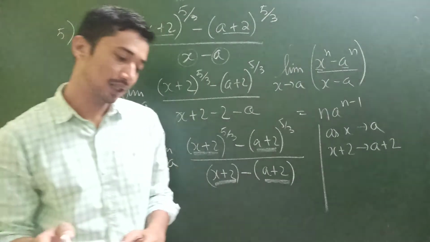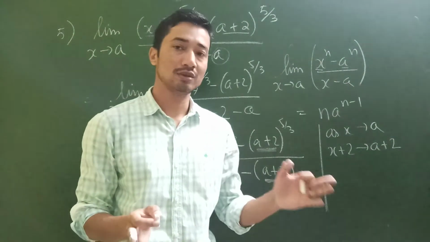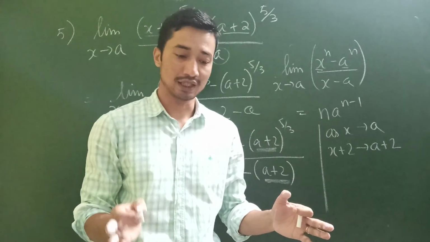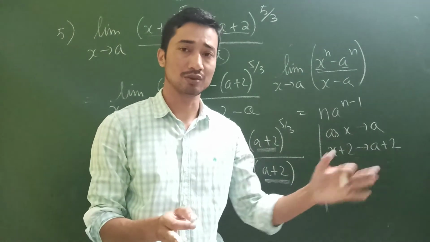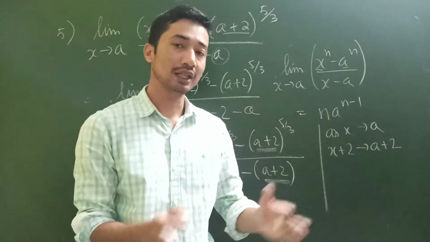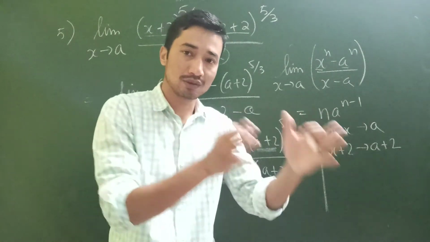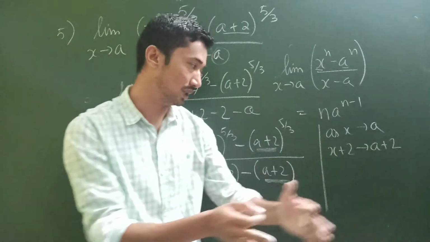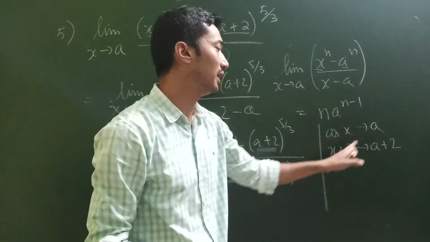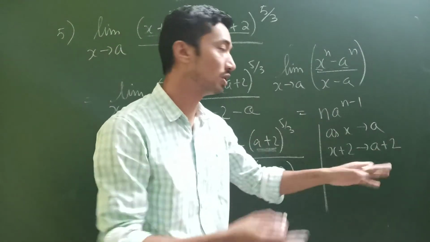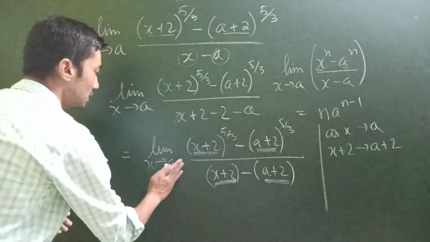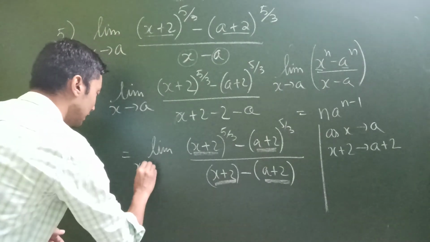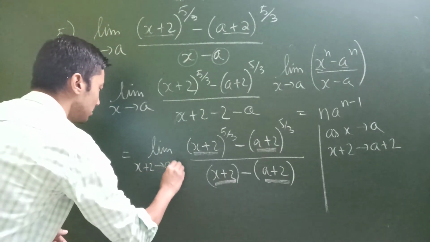So if you have x equal to 10, then if you add 2 to both sides, x plus 2 will be equal to 10 plus 2, that is 12. So you're adding the same quantity, so definitely they are going to shift to those same particular values only, isn't it? So as x tends to a, then x plus 2 also will tend to a plus 2.